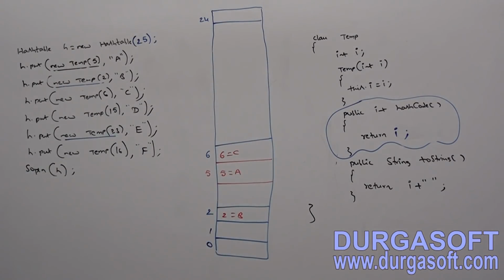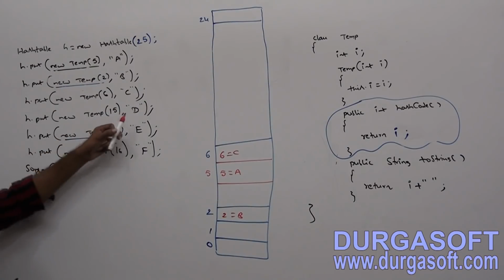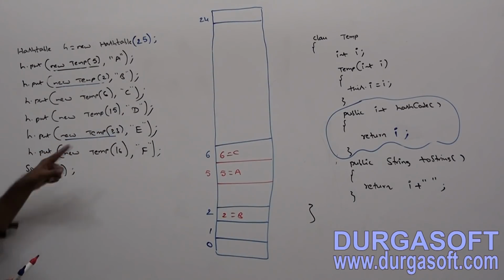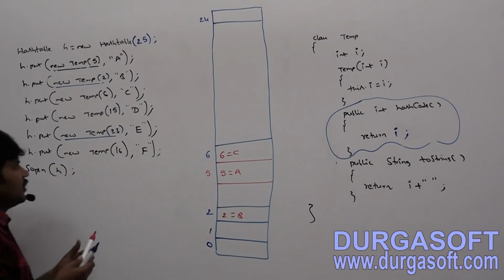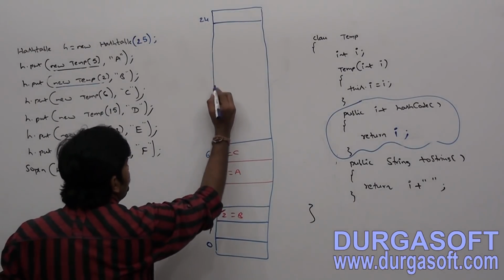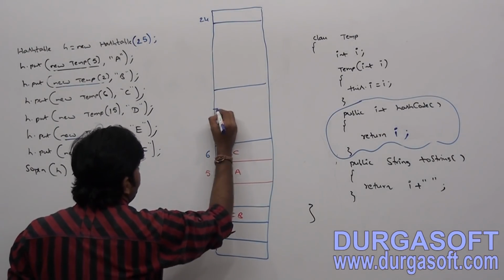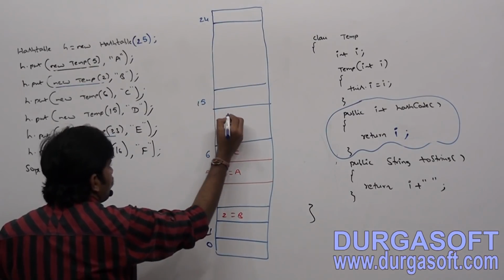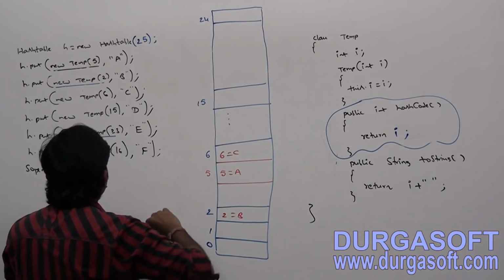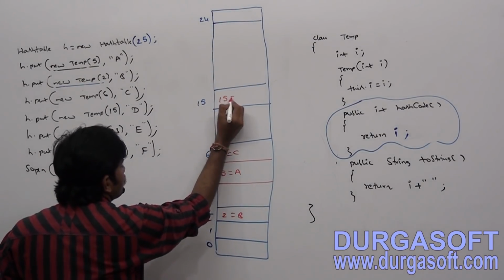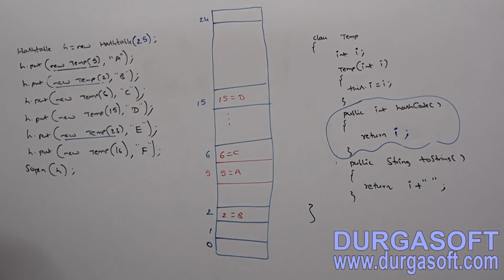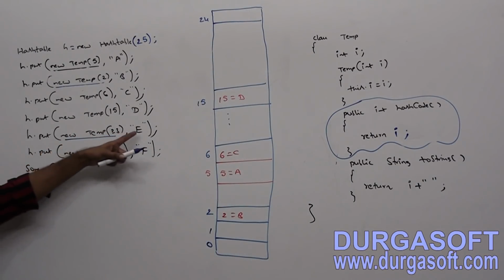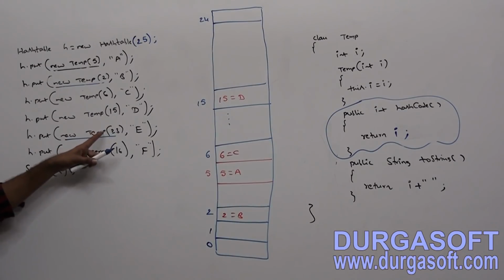What next? New Temp(15), d. In the 15th bucket, 15=d is there. Next, new Temp(23): what is the hash code of this object? 23.